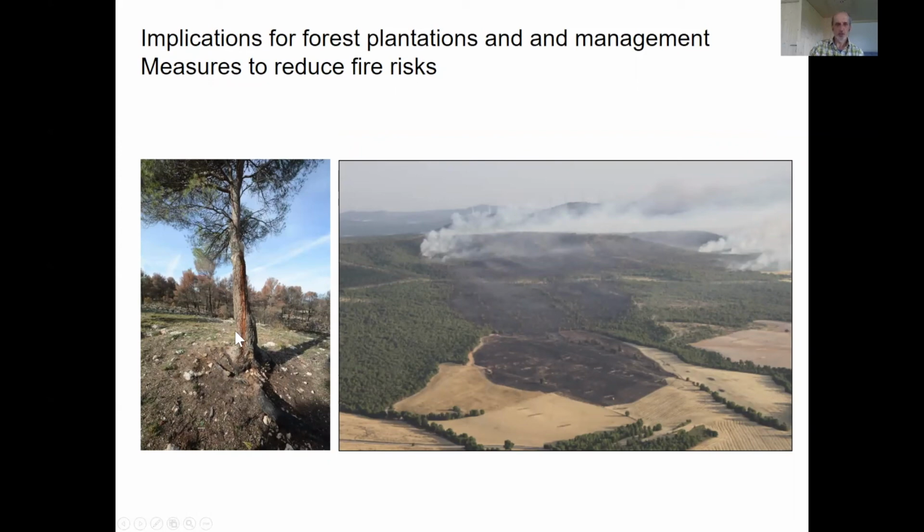Now, in terms of fires, forest fires, you must have heard of it. Spain, Portugal, almost on a yearly basis, we have huge forest fires. Now, how do we deal with that risk? How can that be reduced?